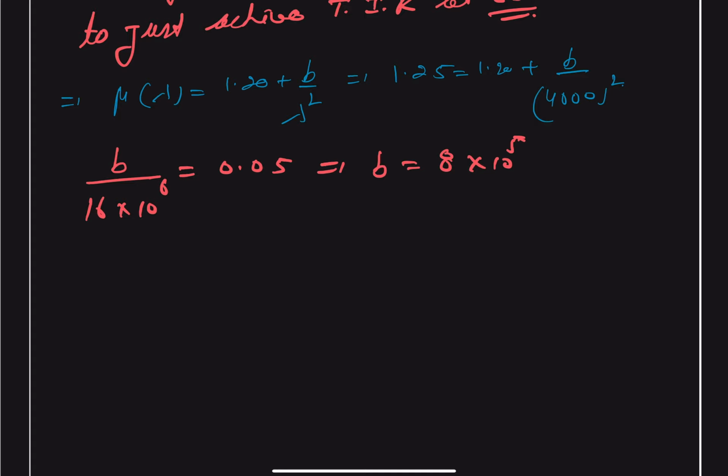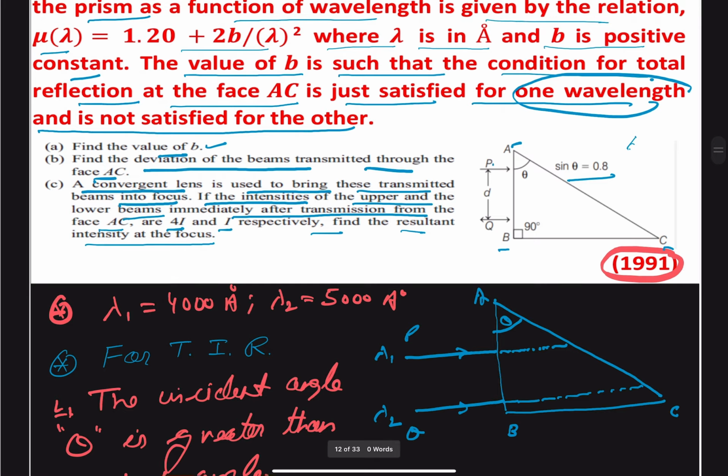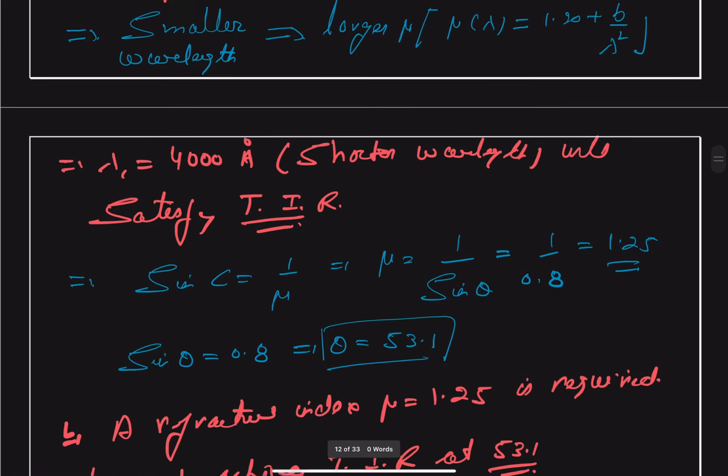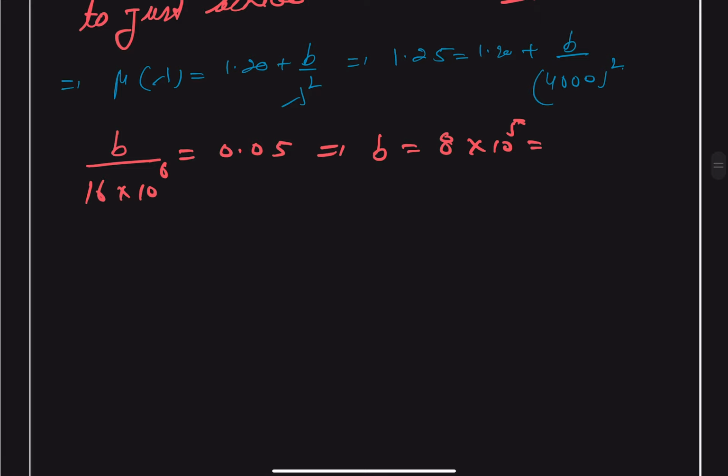And if you convert the unit, I think, one second, yeah, so b is 8 into 10 to the minus 5, but wavelength is given in angstrom.